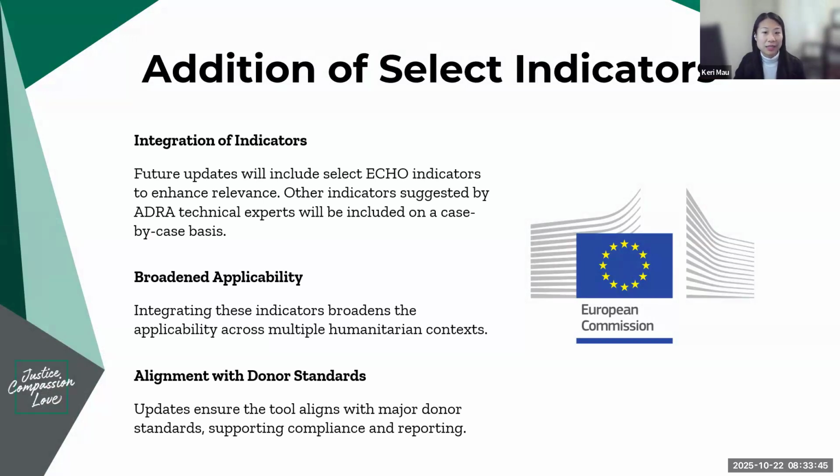They'll be added on a case-by-case basis, depending on whether our projects use them quite often or they need more guidance, things like that. So we are going to try as much as possible to add those from major donors. For instance, ADRA International will be adding some BHA indicators that we've been using quite a bit as well. So you'll be able to see those pretty soon on the website.